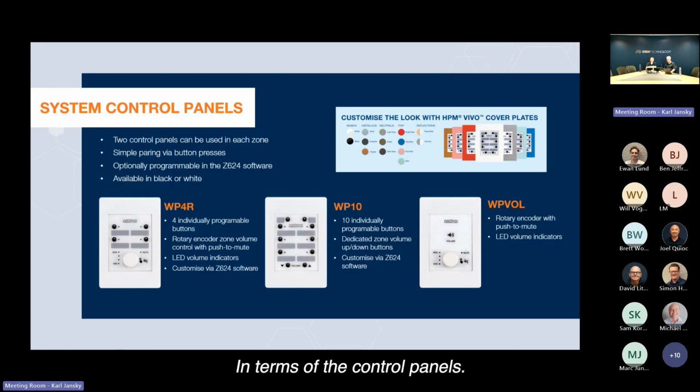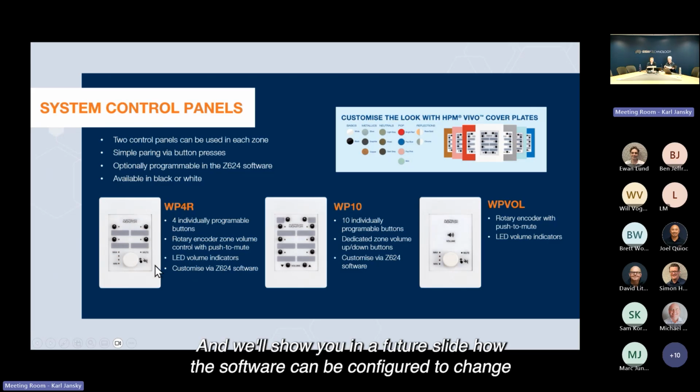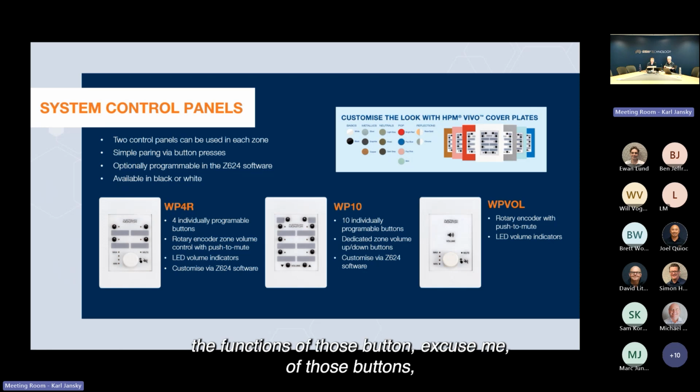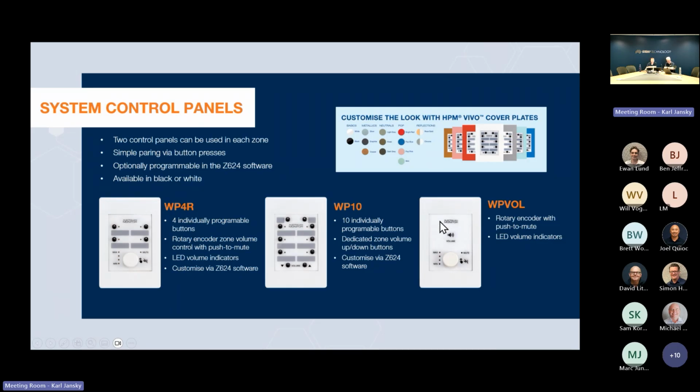In terms of the control panels, to jump into that in a bit more detail, the WP4R has 4 buttons and the rotary encoder, and we'll show you in a future slide how the software can be configured to change the functions of those buttons. The WP10 is very similar, it just has more buttons on it, allowing you more control, and the WP Vol.